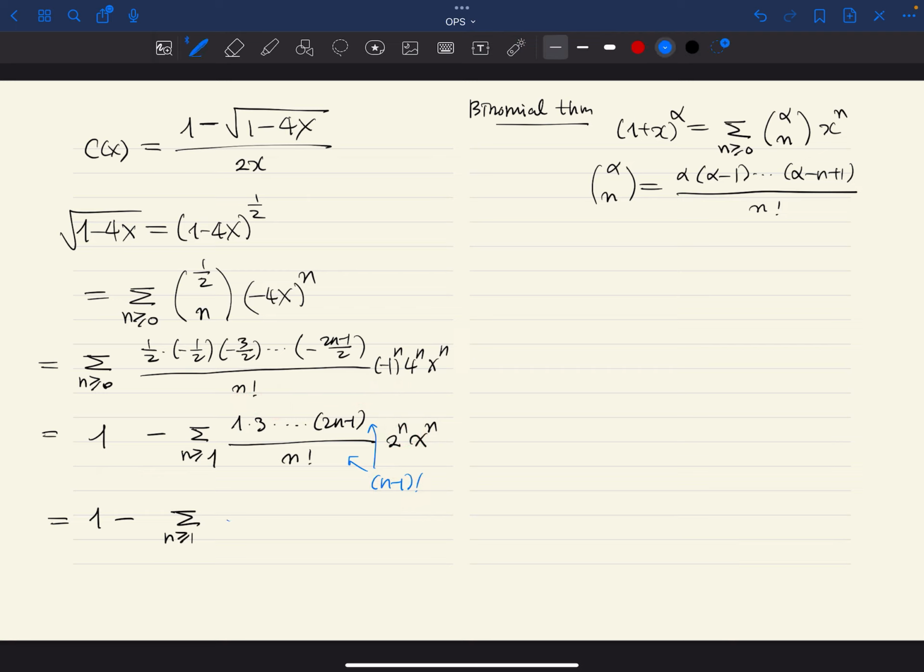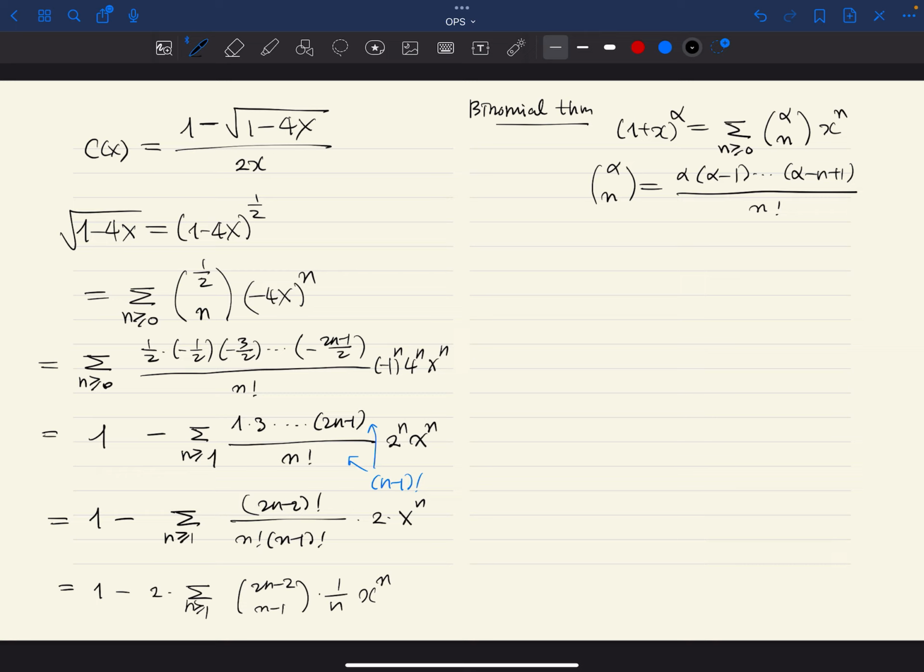So then we will get something like n factorial, n minus 1 factorial, and 2n minus 2 factorial, and then 2 times x to the n. Is that right? And this is really a binomial coefficient, so eventually this is 1 minus 2 times the sum over n greater than or equal to 1 of 2n minus 2 choose n minus 1, times x to the n. Let me write it this way.